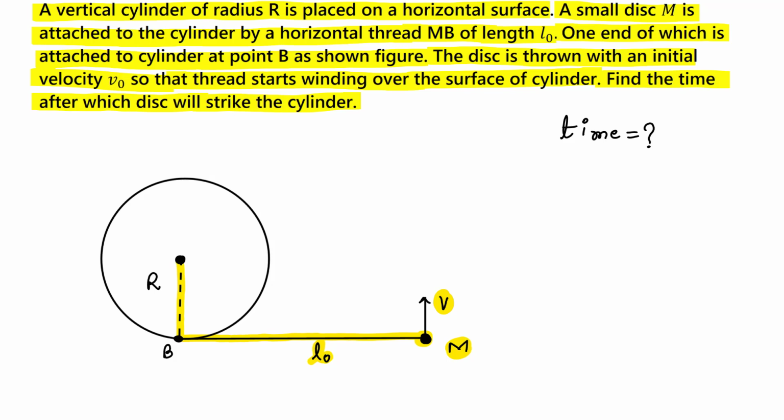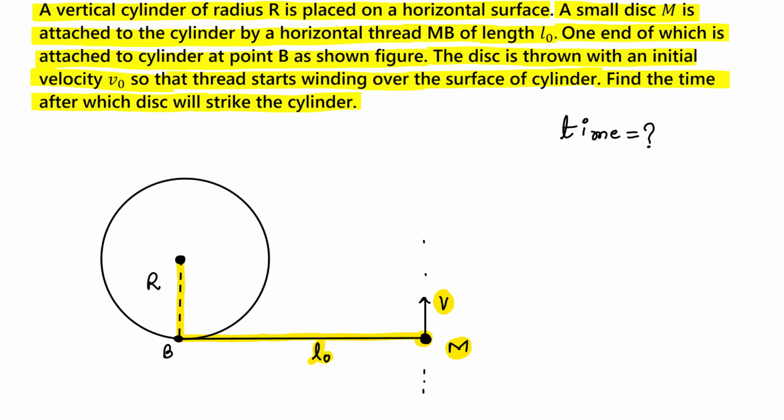So how will you do this problem? One thing is, there is no force in the direction of velocity. You see, this is the velocity direction. So there is no force acting in the direction of velocity. The only force acting on this disk is the force due to the thread, and that is perpendicular to the velocity.